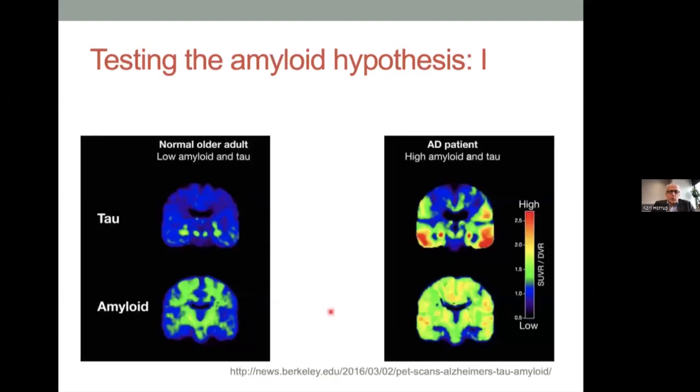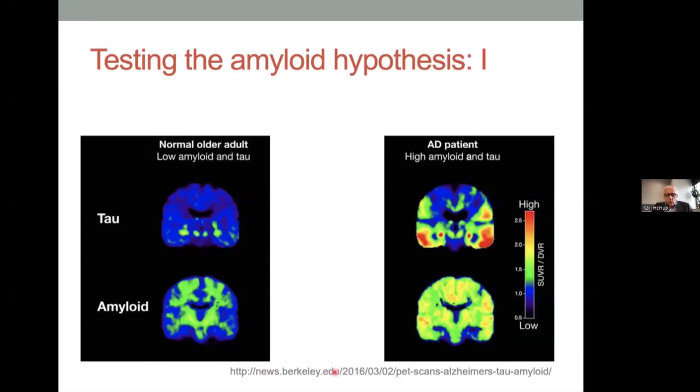So the first thing we should do is look at people and ask, do they have amyloid in their brain? In the modern era, we can do this in living individuals because PET ligands have been developed that allow us to see in the living individual deposits of tau, which is the source of the neurofibrillary tangles, and deposits of amyloid, the source of the plaques.